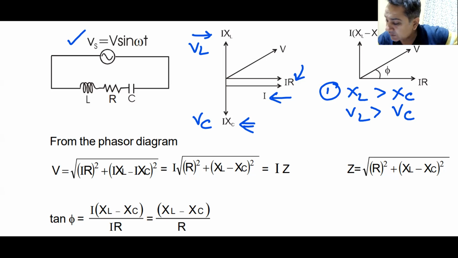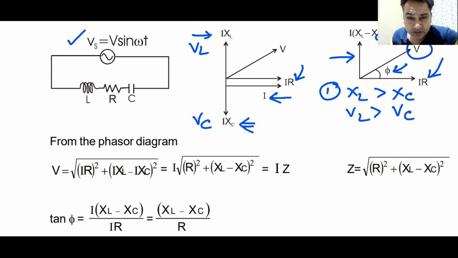Then what will happen? You will have something remaining on the top. In this case, voltage will lead current by an angle of phi, because this will effectively now behave as an LR circuit.